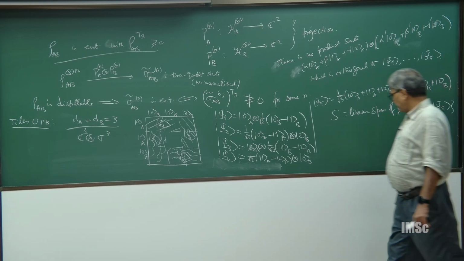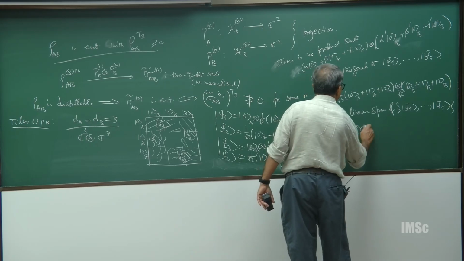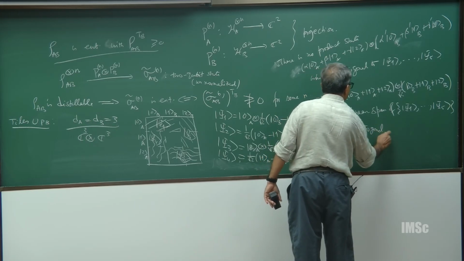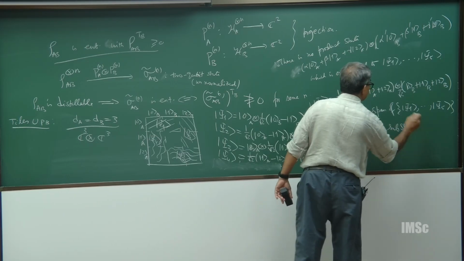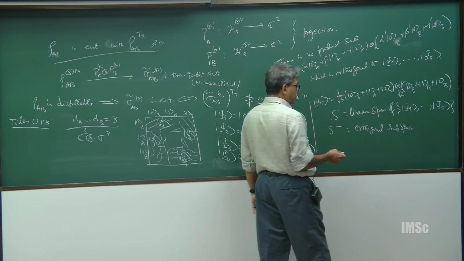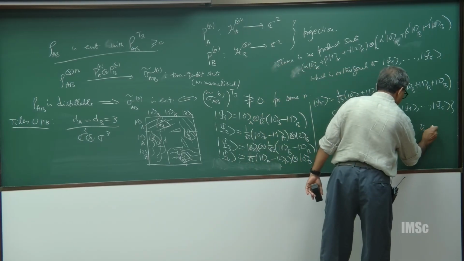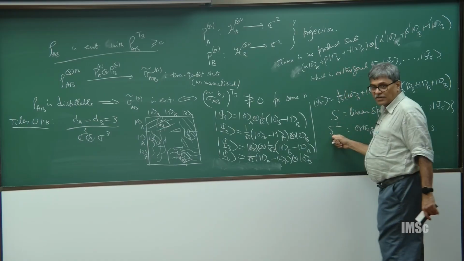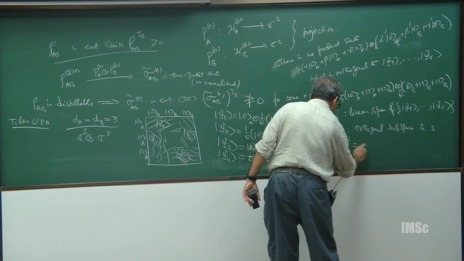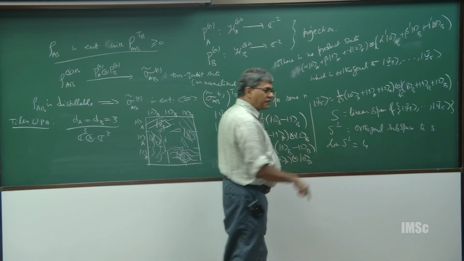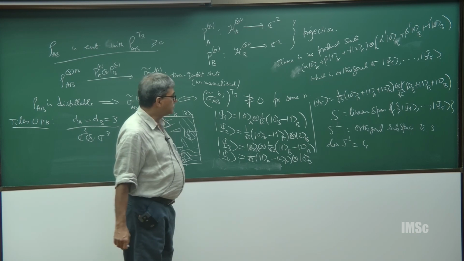Let us take S perpendicular, which is the orthogonal subspace to S. The dimension of S perpendicular is 4, right, because it is 9 minus 5.